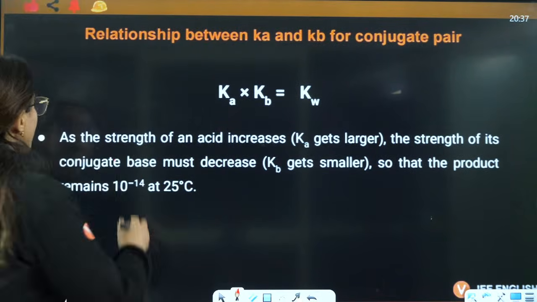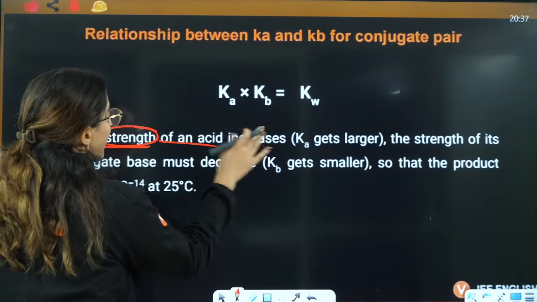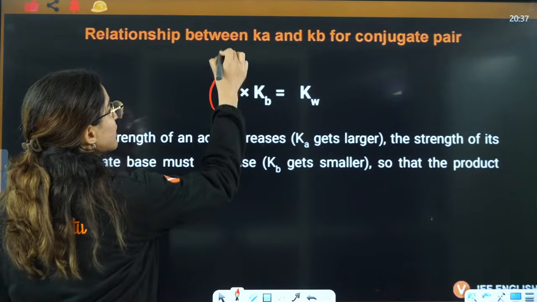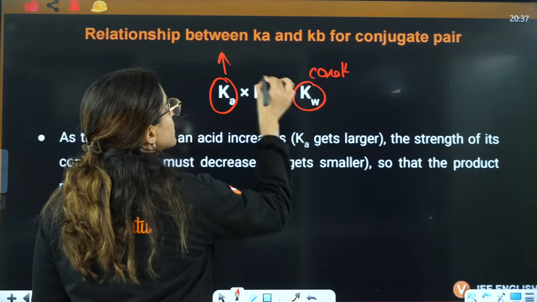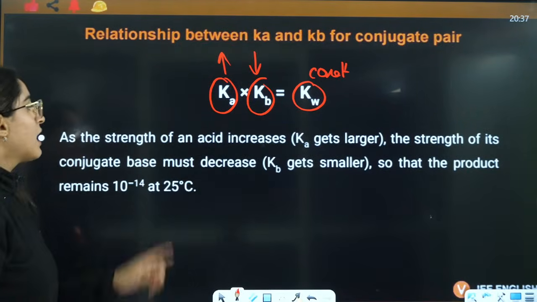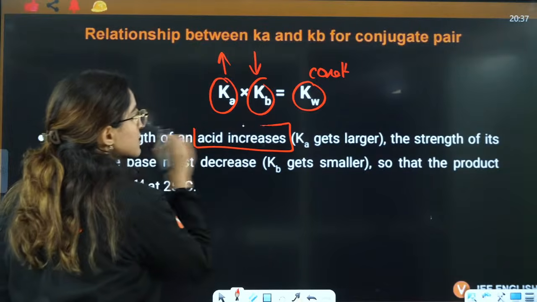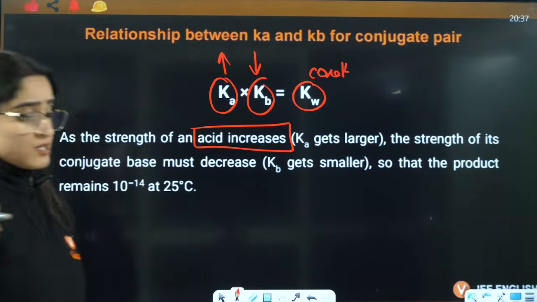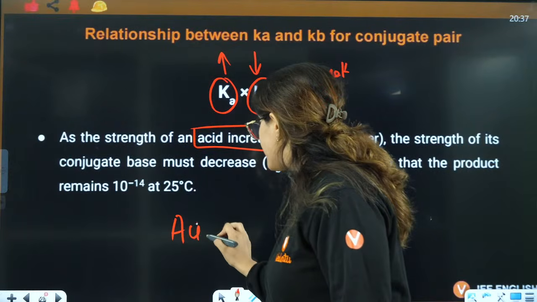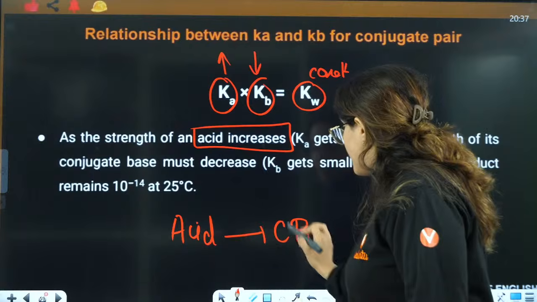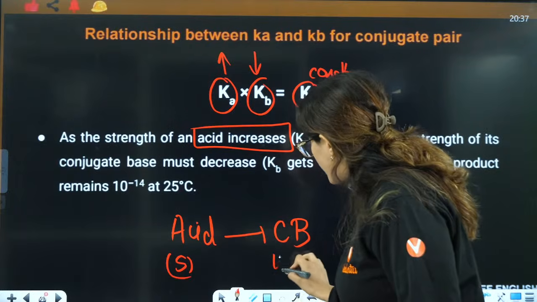So we can say, as the strength of an acid increases, as this is increasing, because this is constant, this should decrease. Do you remember that I told you, whenever you have an acid, if this is strong, this is going to be weak?